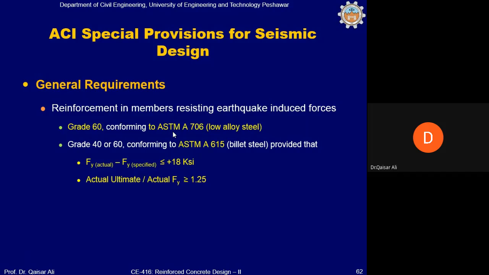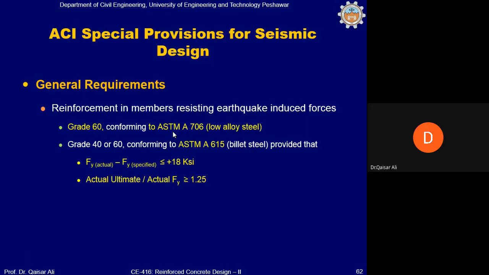So 90 divided by 65. If 90 divided by 65 is more than 1.25, then it is okay. If it is less, it is not okay. 90 divided by 65 is 1.38. 1.38 is greater than 1.25, so this is okay.